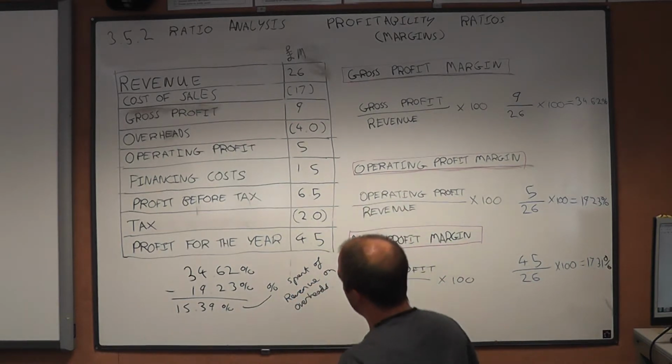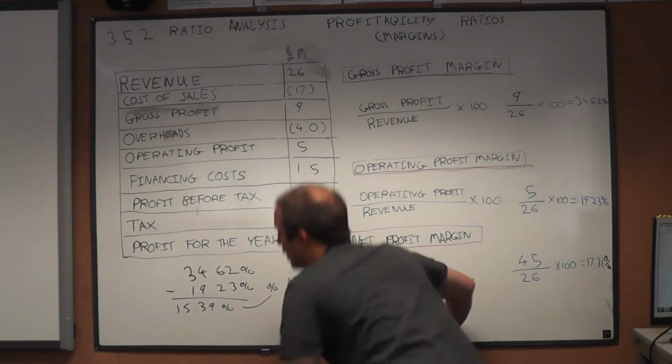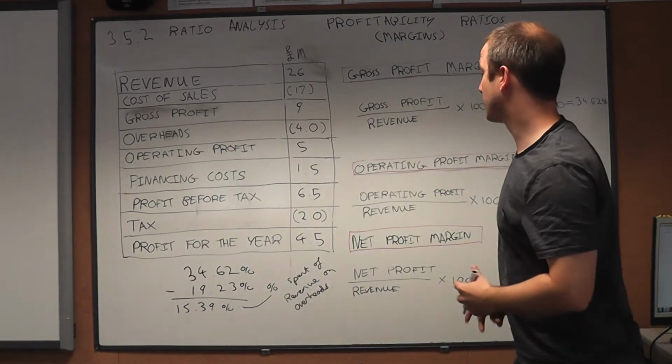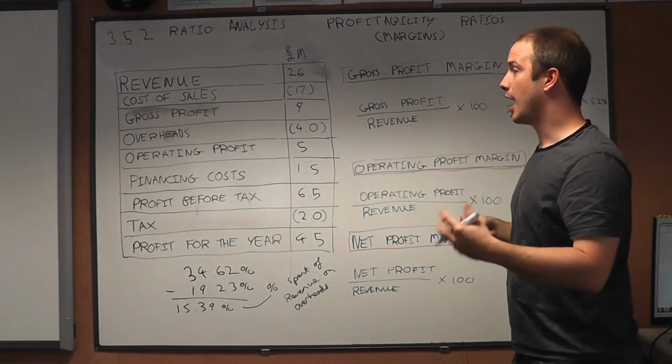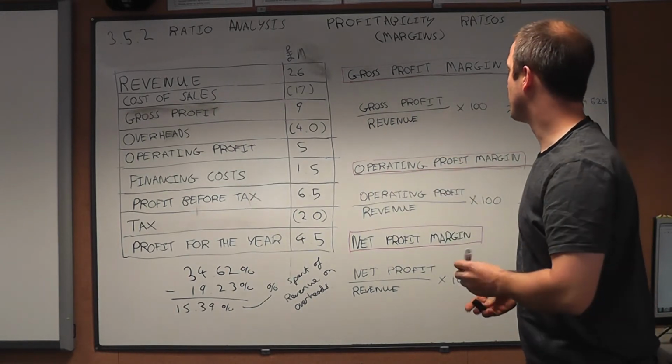So it might give the managers an idea of how much money is being spent on their overheads, and they can think about whether that's a major cost for the business.